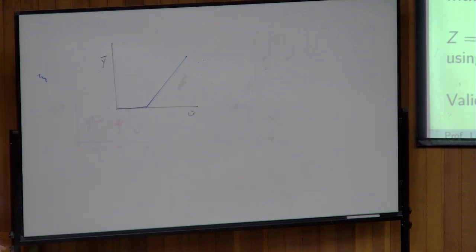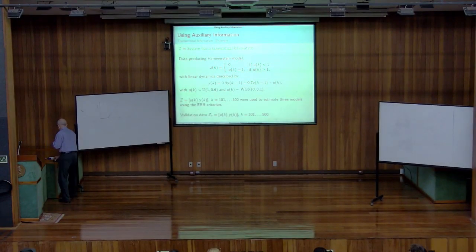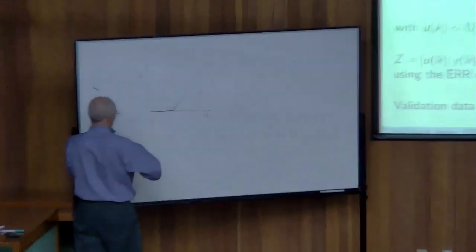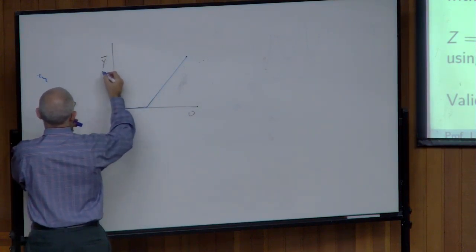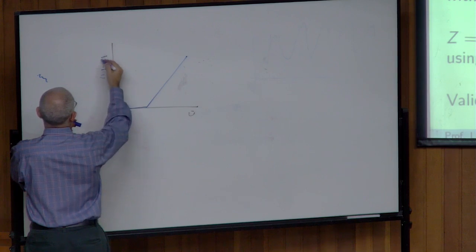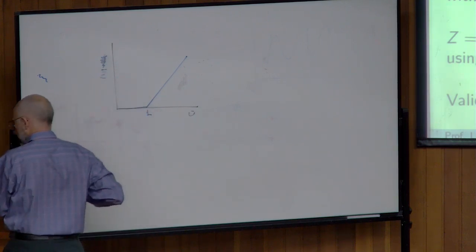So the static nonlinear block is here. And basically what you're seeing here is that this point is 1. So up to 1, the output is 0. Actually, to be consistent with that, this is Z. Okay.